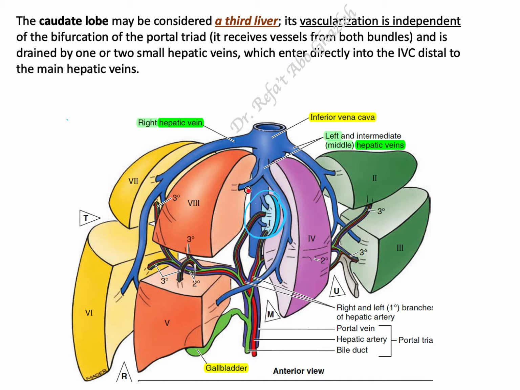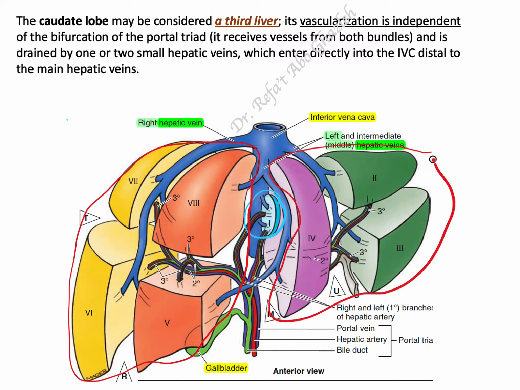If you look, this is the right lobe, right? And this is the left lobe. And if you look at the blood vessel here, the hepatic artery proper, it divides into right hepatic artery and left hepatic artery.